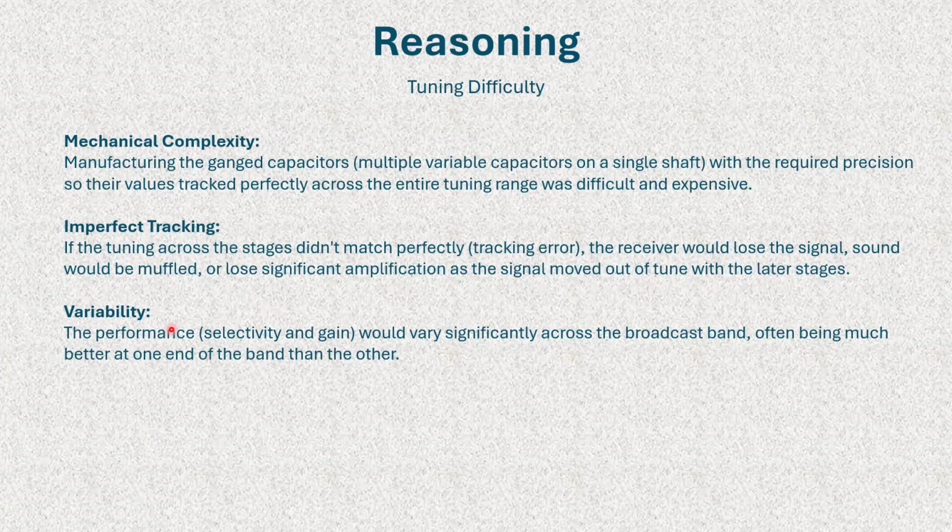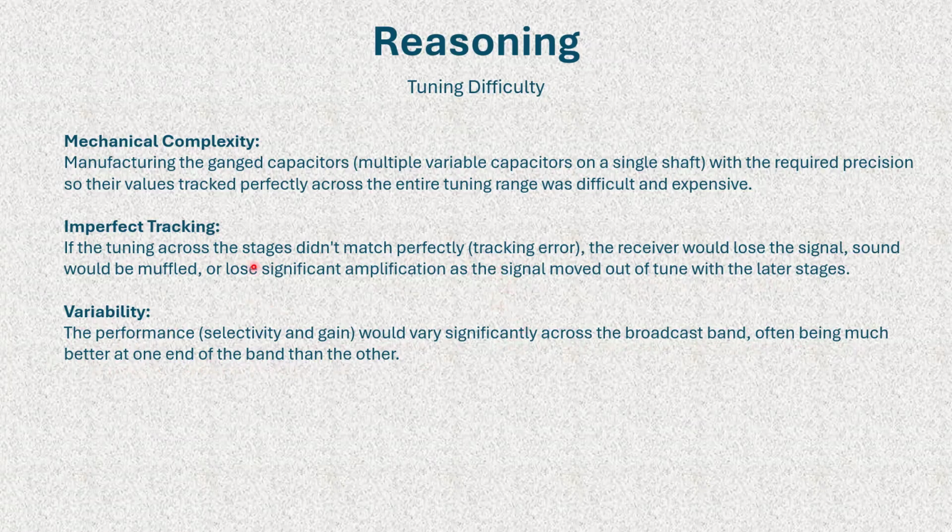All right, so what's the variability? The performance, selectivity, and gain would vary significantly across the broadcast band, often being much better at one end of the band and not the other.